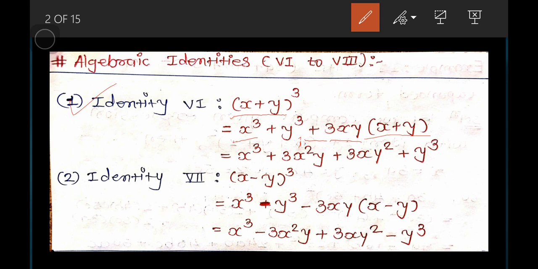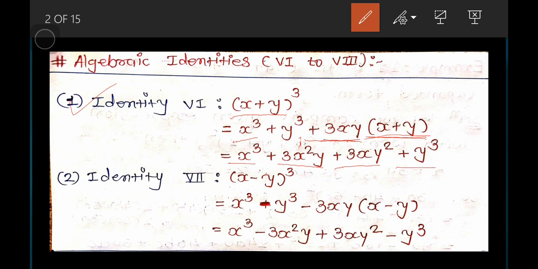Here you can see 3xy and the bracket (x plus y), we can multiply these. So x cube plus, we multiply this first term with this bracket, we get 3x square y plus 3xy square plus y cube.